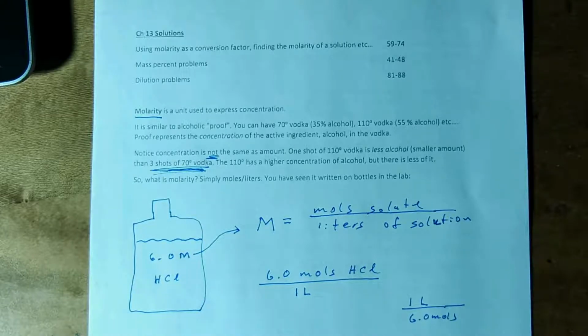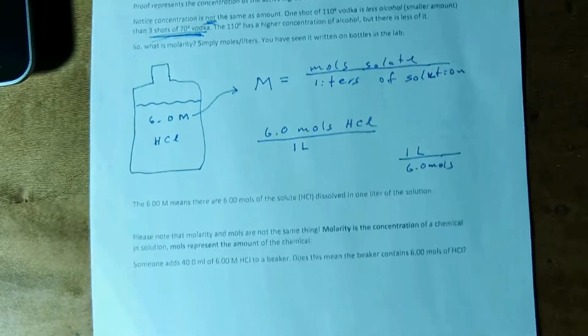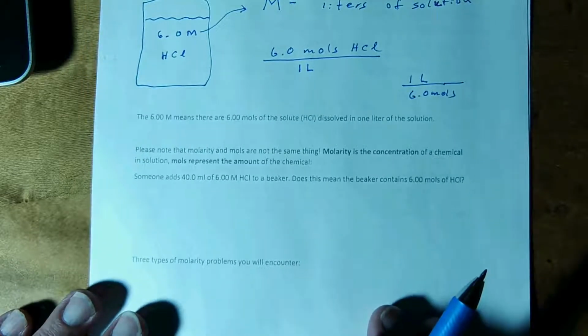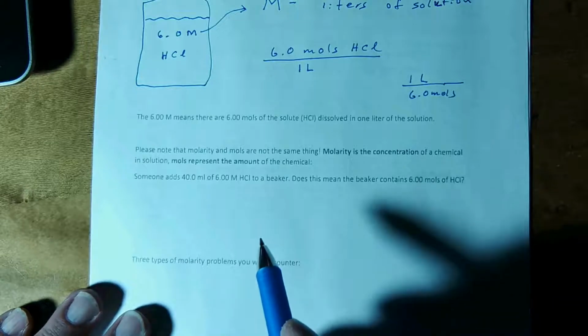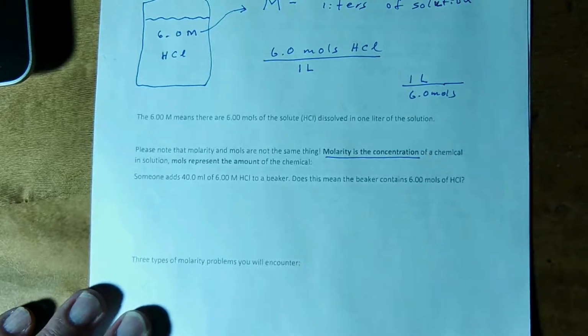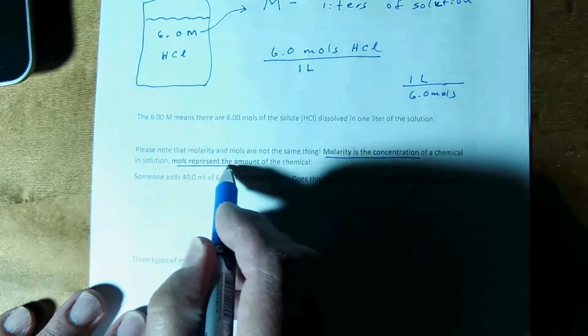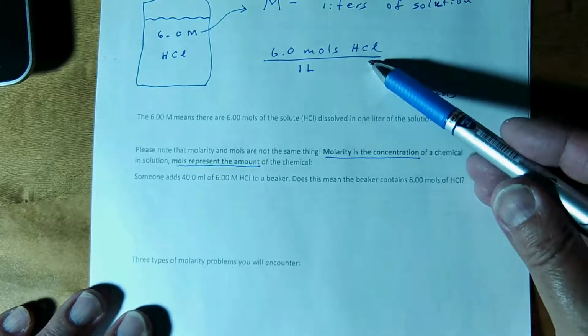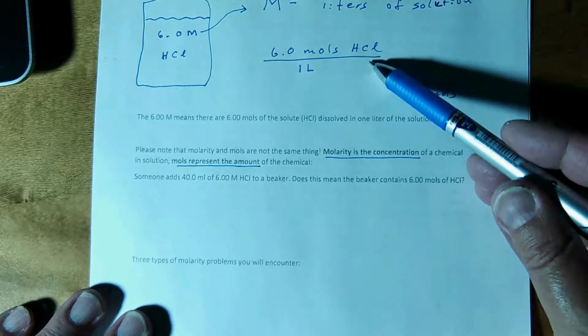So again, don't go down that dark path of confusing molarity and moles. Molarity represents a concentration. Moles represents the amount. So let's give you a quick example of using molarity as a conversion factor.